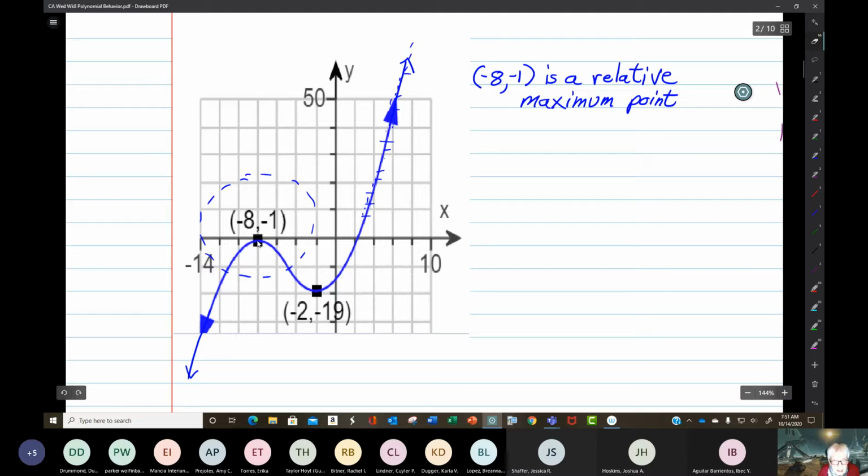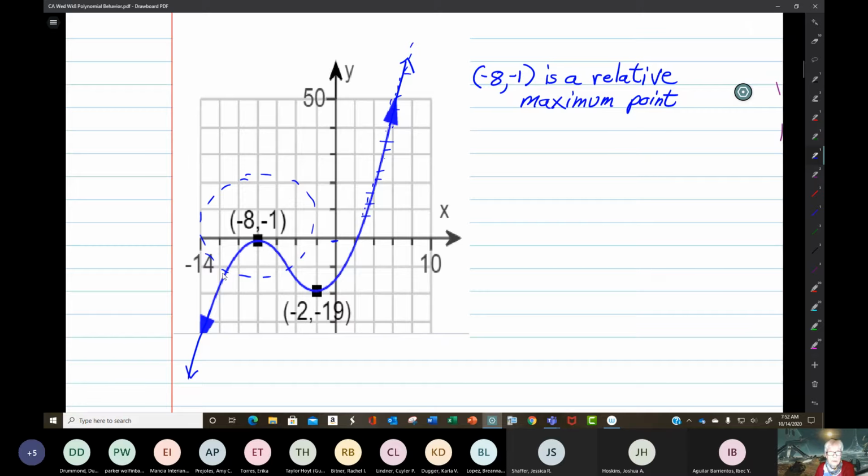Now notice that the highest this gets is -1 on the y-axis. Notice that for all of the area where this is a relative maximum point, -1 is the very highest that this gets to.